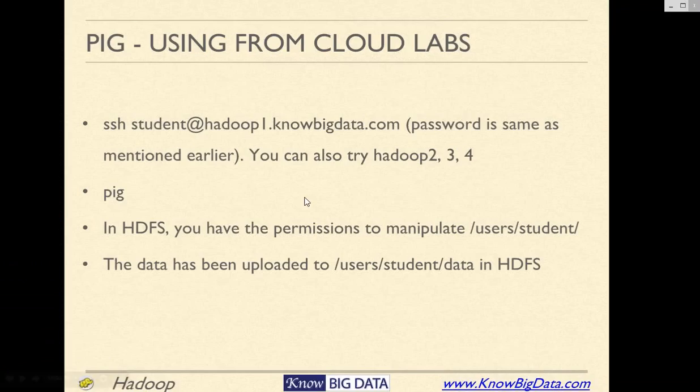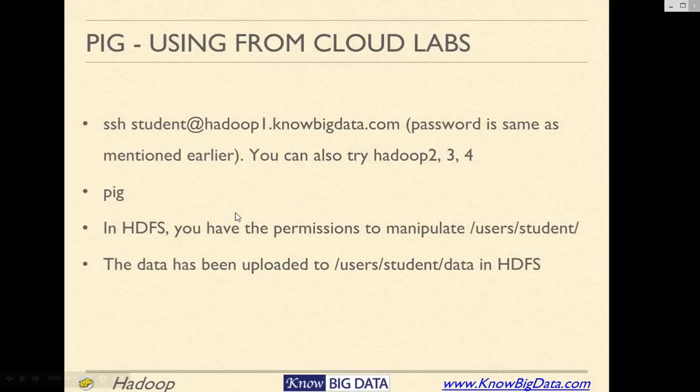Any confusions between running Pig in local mode versus running Pig in MapReduce mode? Are we all clear how Pig local and Pig in MapReduce work? When you do local, you're actually talking to the local file system.